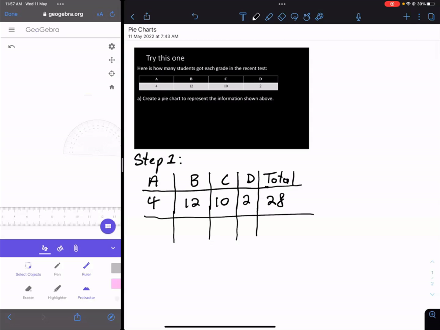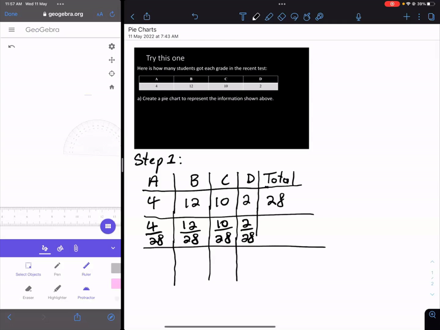So for A, out of a total of 28 students, we have 4 for A. So that will be 4 over 28. B, 12 over 28. 10 over 28. 2 over 28.